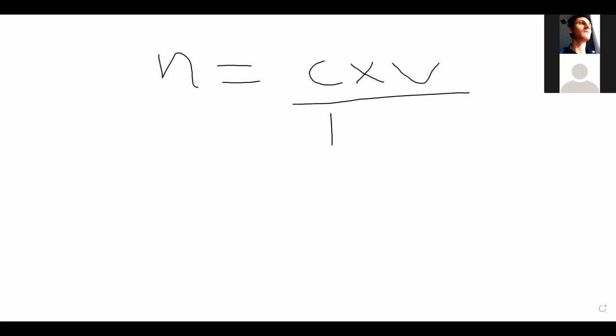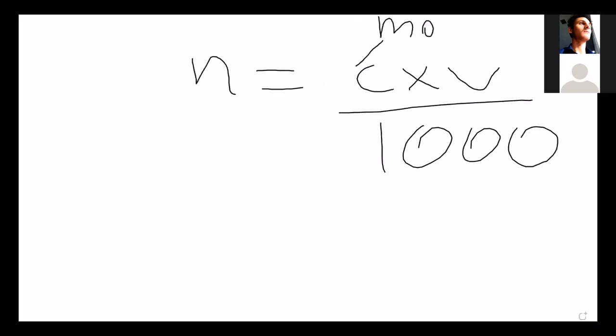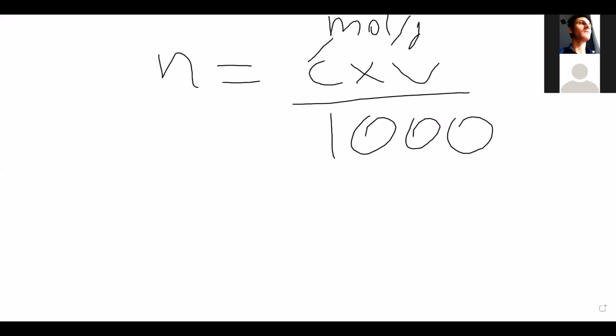For concentration, we have the formula n equals C into V over 1000. Now here C is the concentration in mole per decimeter cube.